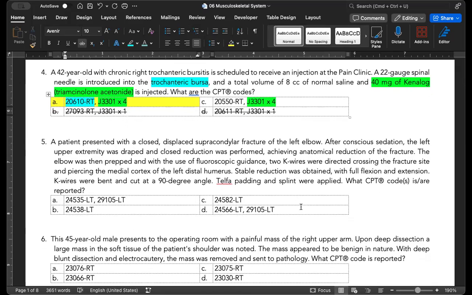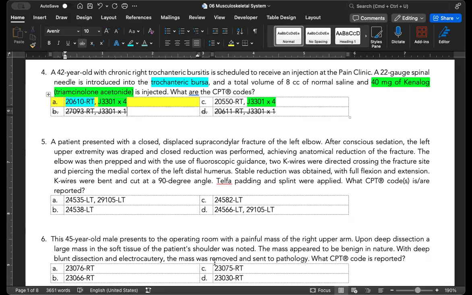All right, let's take a look at number 5. So here we have a patient presented with a closed, displaced supracondylar fracture of the left elbow. After conscious sedation, the left upper extremity was draped and a closed reduction was performed, achieving anatomic reduction of the fracture.